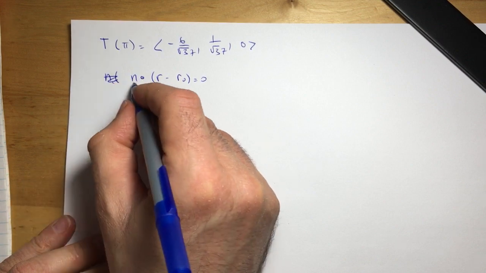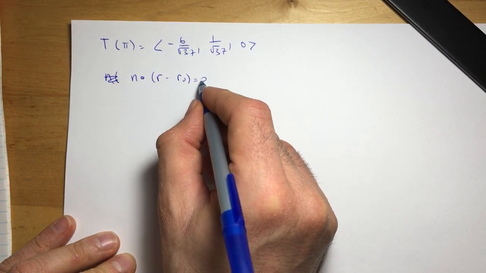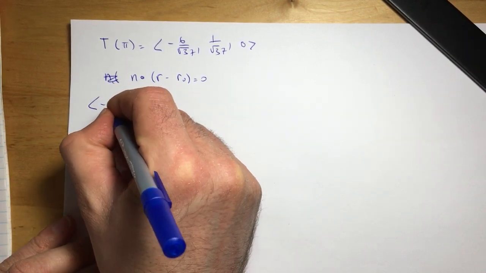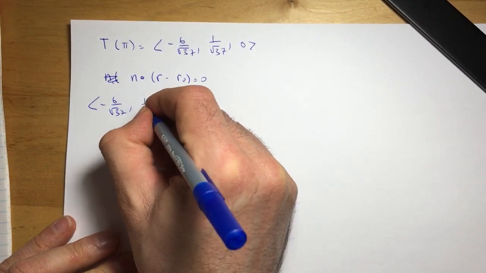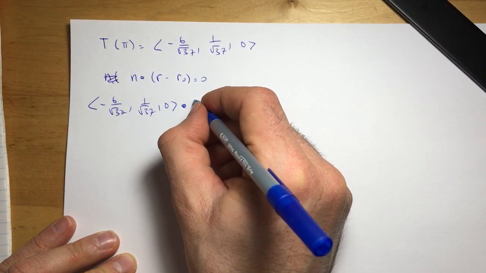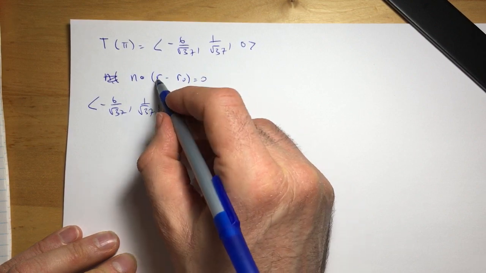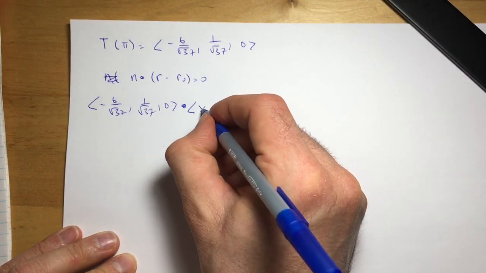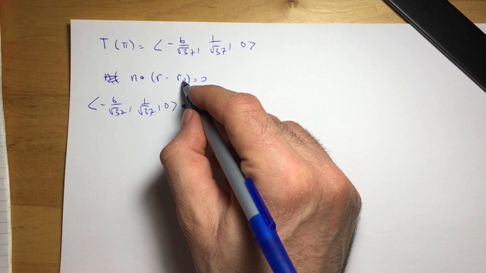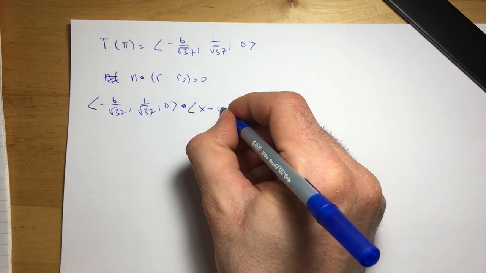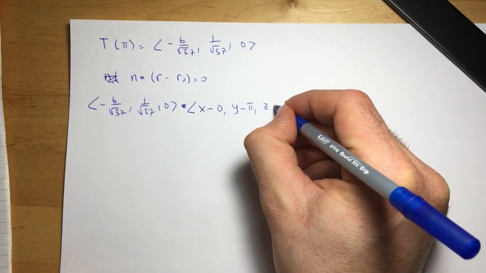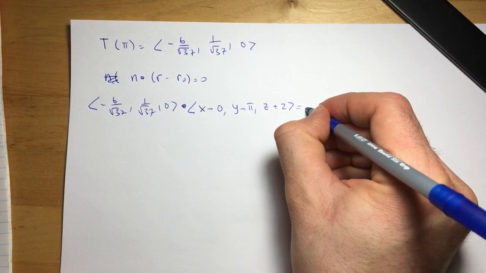This is for any general plane. For the normal plane, this n is the unit tangent vector, negative 6 over square root of 37, 1 over square root of 37, 0, dot product, and this vector here, let's say any vector x, y, z, so x minus the x component of the point, that's 0, y minus pi, and then z minus minus 2, so plus 2 is equal to 0.